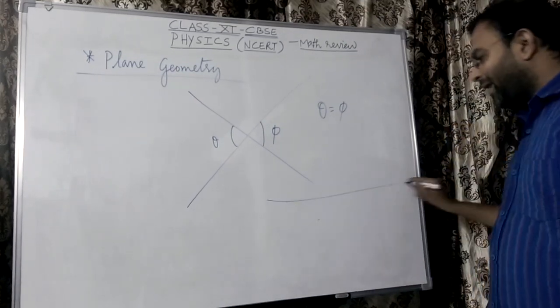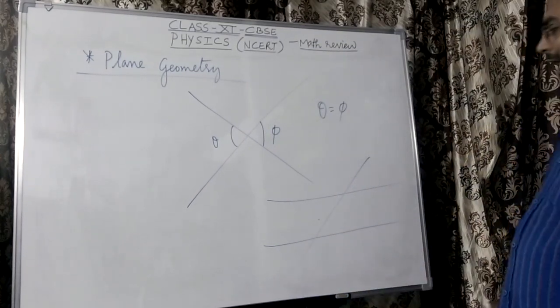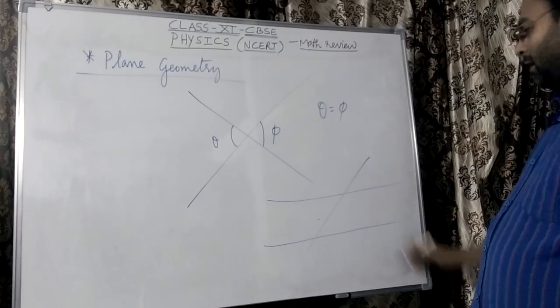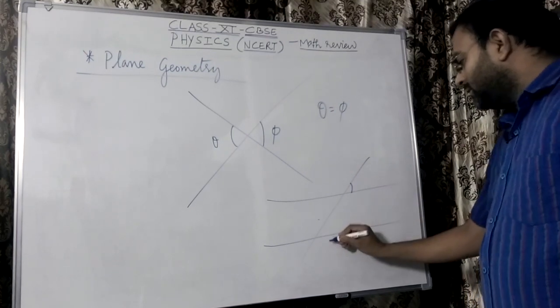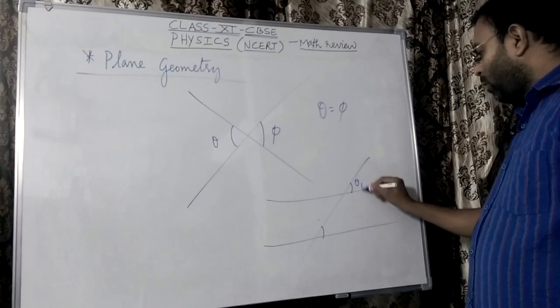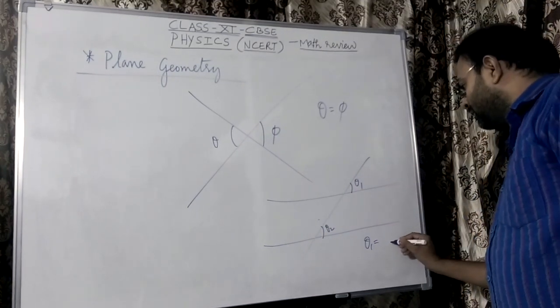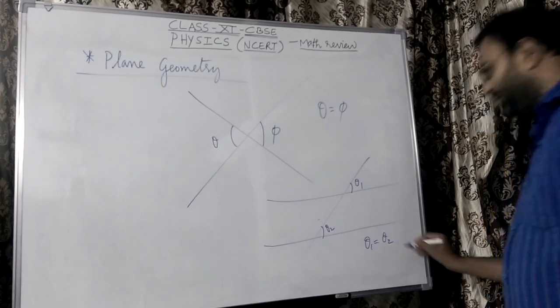Similarly, if there are two parallel lines and they are intersected by a diagonal line, then of course these two angles are equal, theta 1 and theta 2. Theta 1 is equal to theta 2.